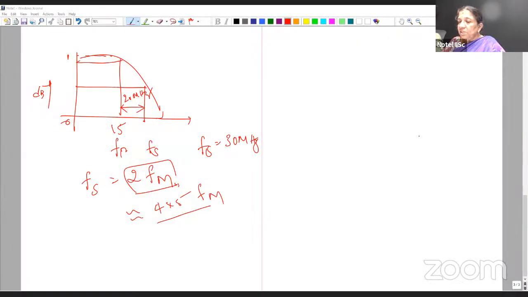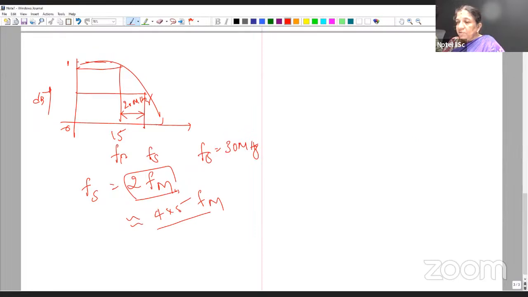So what you can do is go back to the thing once again. Whatever you have, if I take 20 megahertz as the difference, then I'll have it as 35 here, so the bandwidth is this.